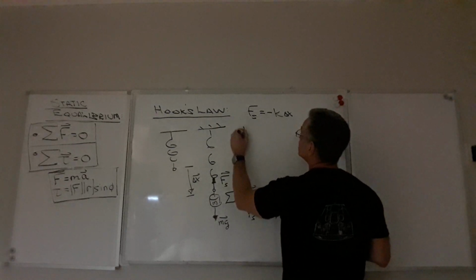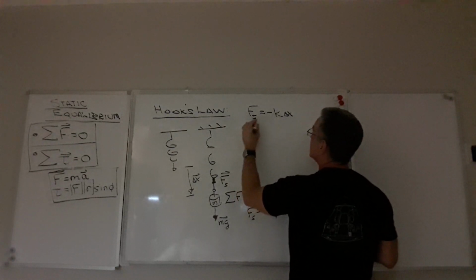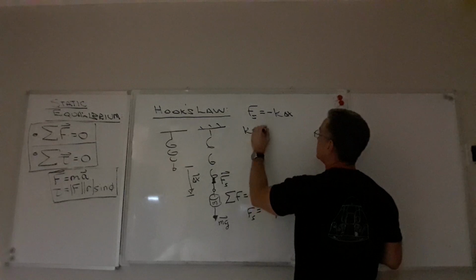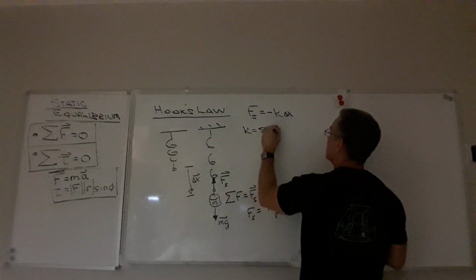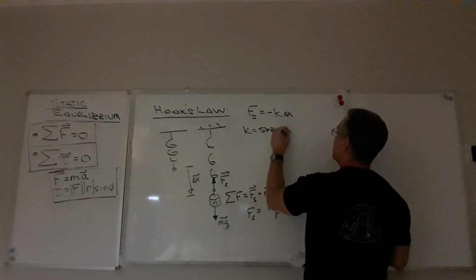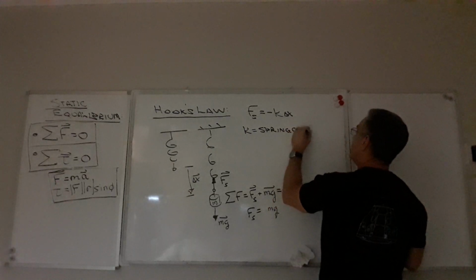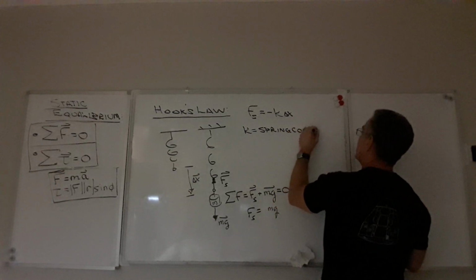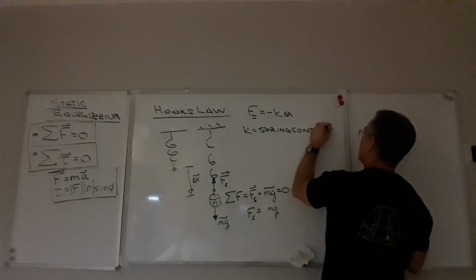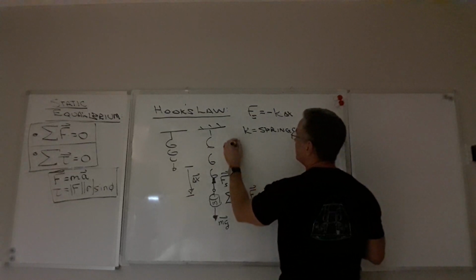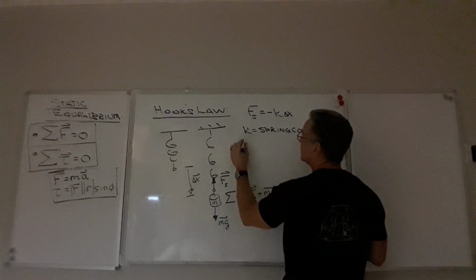And K is the spring constant. And it's a measure of the stiffness of the spring.